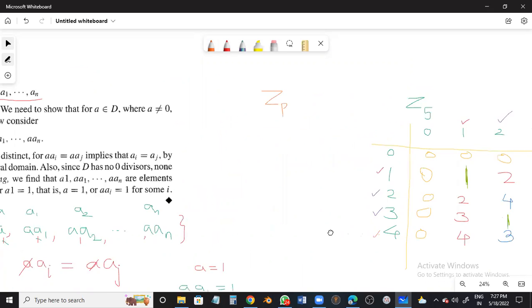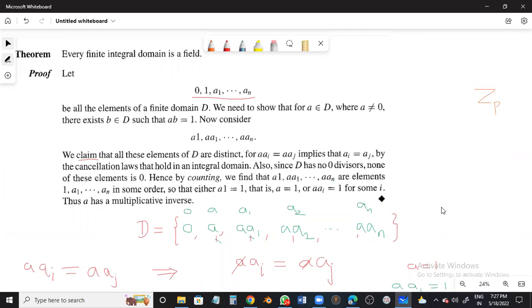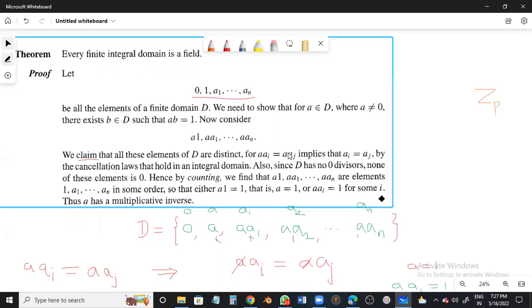But because we are labeling them as a1, a2, etc., I have to prove it because I don't know their value. So we supposed two entries are equal. The entries are of this fashion, a into something. So we said a into ai is equal to a into aj.